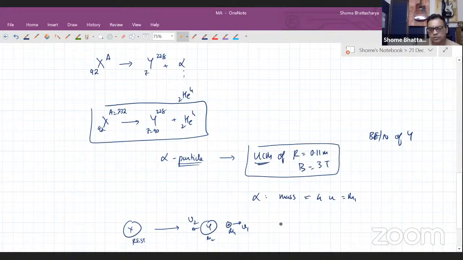Now M1 V1 we will get from this charged particle.